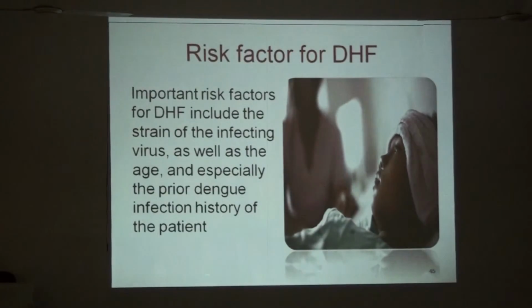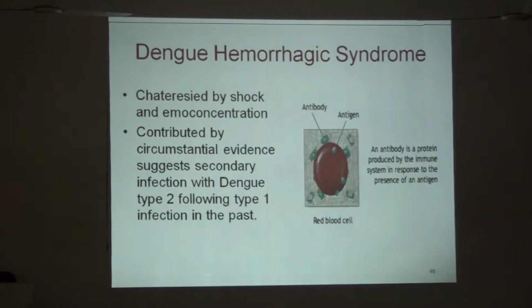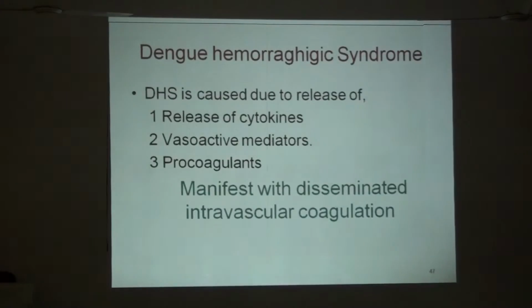What are the risk factors of dengue hemorrhagic fever? These include the strain of the infective virus, the age of the host, the susceptible host, and especially the prior dengue infection history of the patient. Dengue hemorrhagic syndrome is characterized by shock and hemoconcentration, with transient evidence suggesting secondary infection with dengue type 2 following type 1 infection in the past.